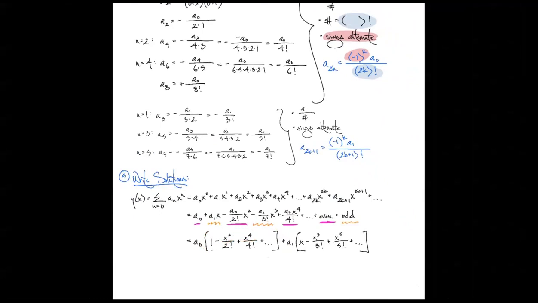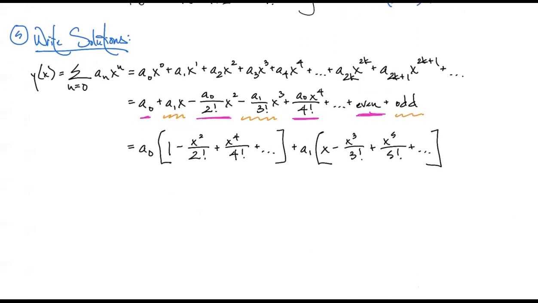So the way we take care of that is we say this, a sub 0, the sum from k equals 0 to infinity of, we're changing our signs, negative 1 to the k, times the coefficient factorial. And then we have times x to that even power.